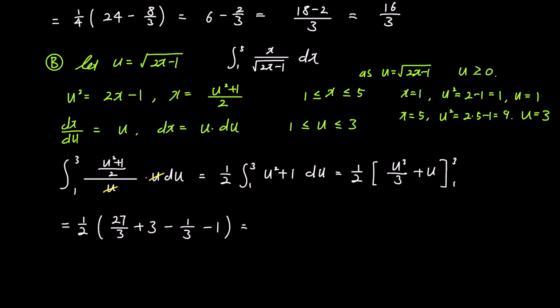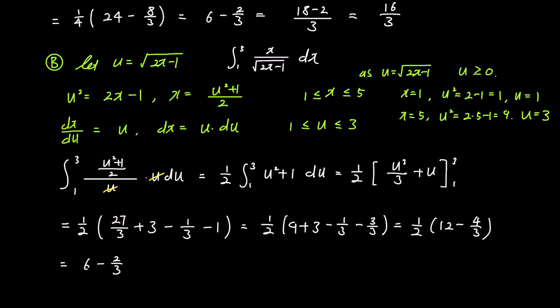Simplifying the values inside the parentheses, we get half times 9 plus 3, minus 1/3 minus 3 over 3, which further simplifies to half times 12 minus 4/3. Expanding the parentheses, we get 6 minus 2/3. Therefore, the final answer is 18 minus 2 over 3, which is equivalent to 16 over 3.